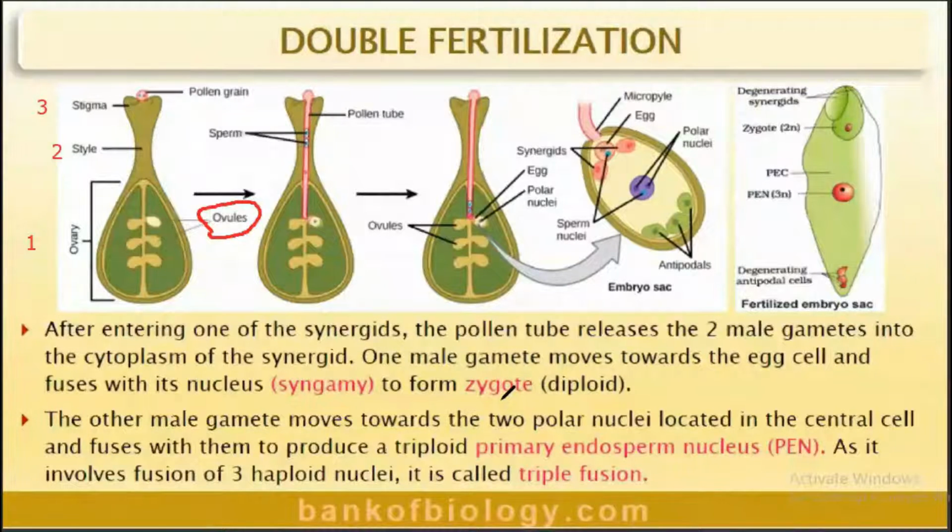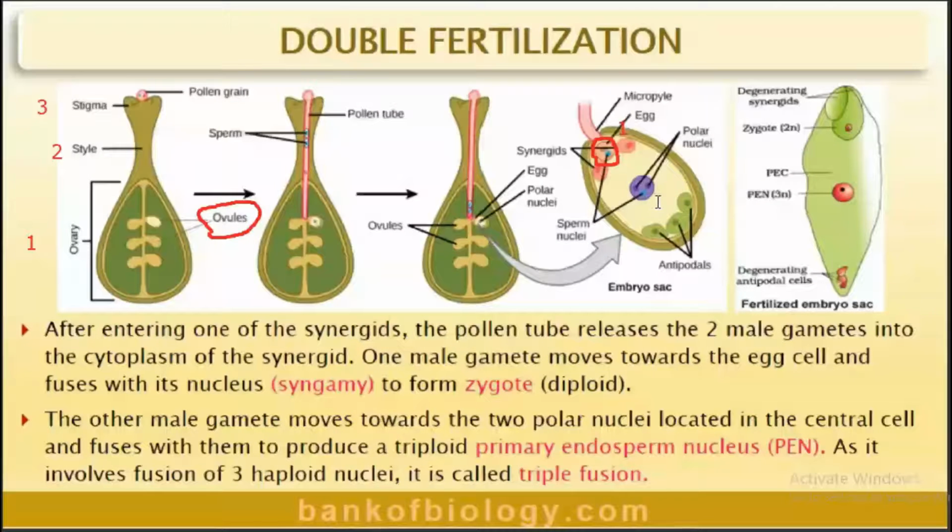So we can study what is double fertilization. The pollen tube enters into the embryo sac through the synergids. Here we can see this particular portion is known as the egg, the first gamete.